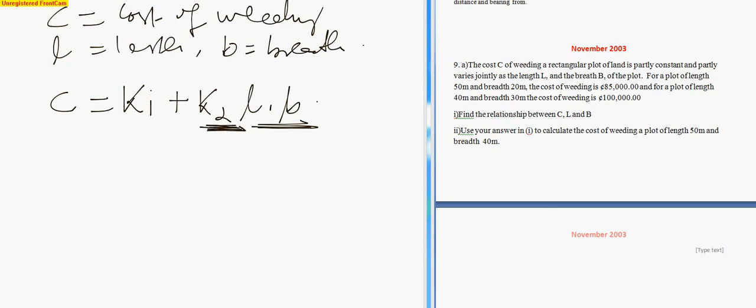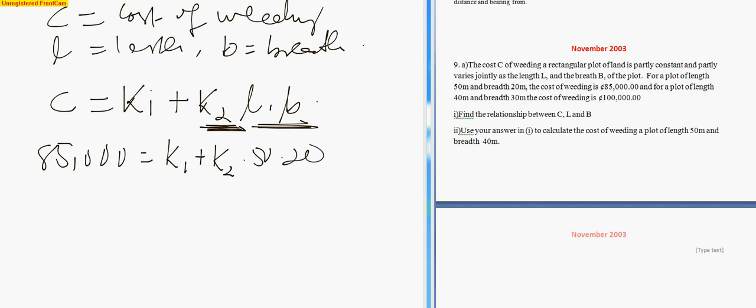So C is equal to K1 plus K2 times L times B. We are given a few scenarios here. For a plot of length 50 meters and breadth 20 meters, the cost of weeding is 85,000. So 85,000 is equal to K1 plus K2 times 50 times 20.